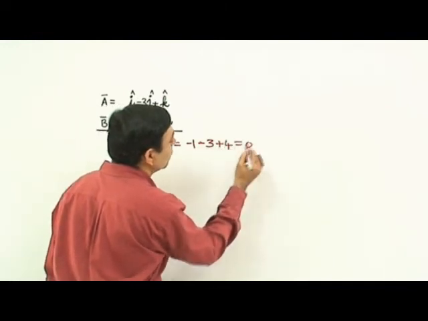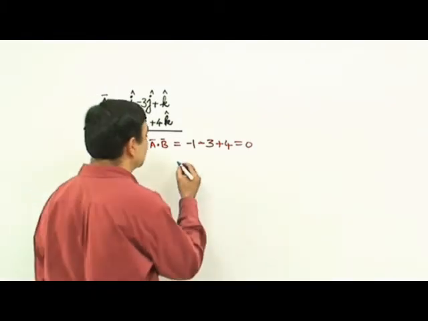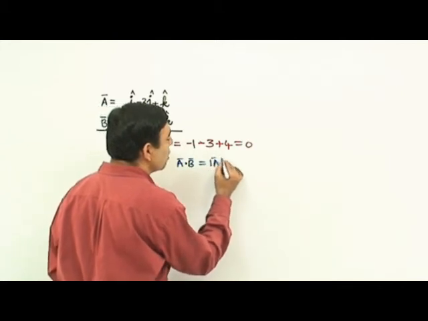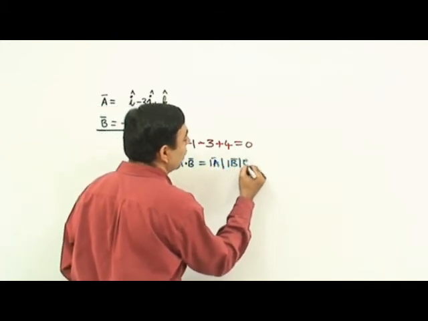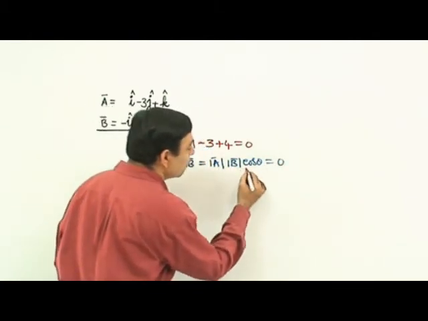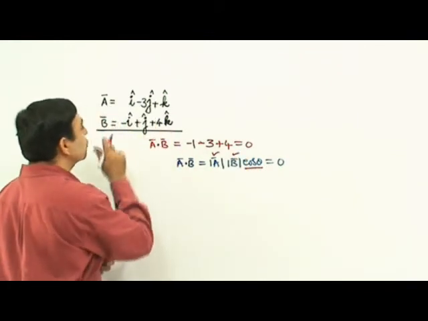Dot product is 0, means the angle between the given two vectors is going to be 90 degrees, or these two vectors are mutually perpendicular, because we know very well A dot B is mod A mod B cos theta, and if this is 0, this will be 0 provided these two are not 0, and we know here mod A is not 0, mod B is not 0. What about mod A?